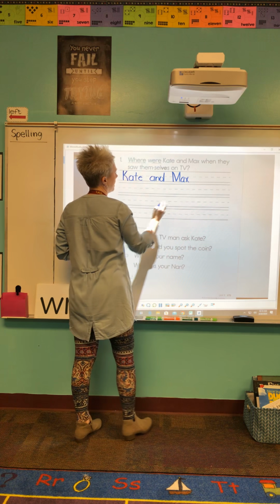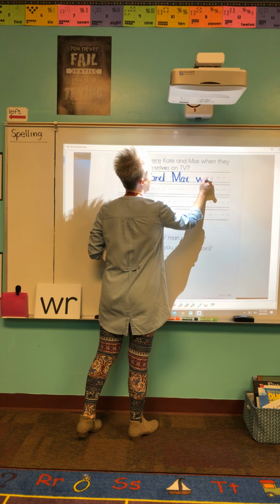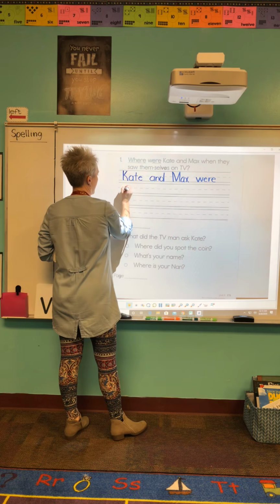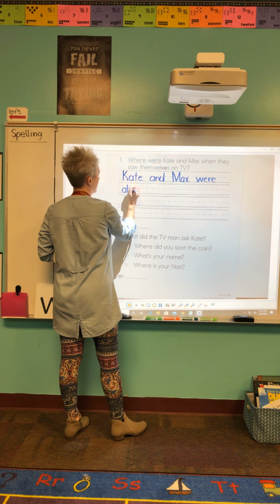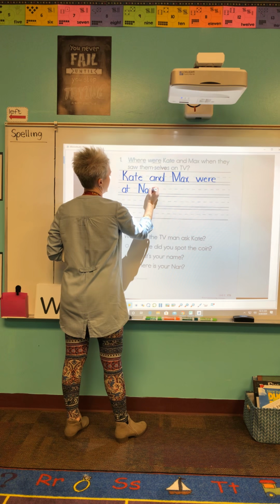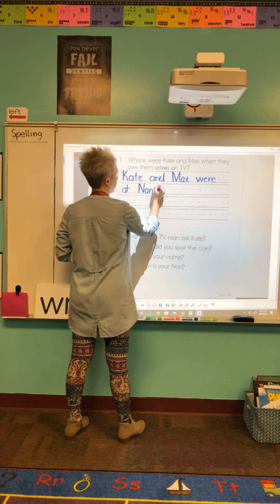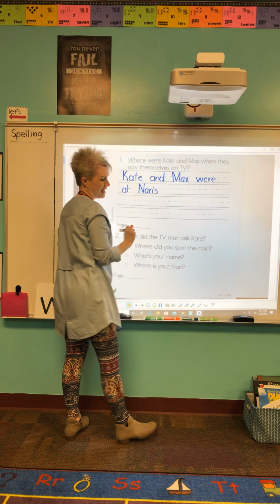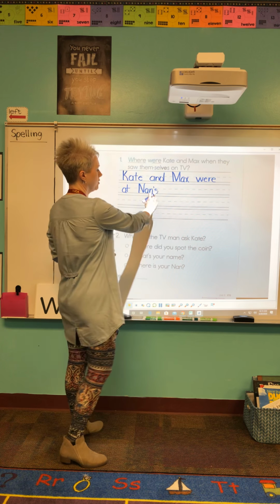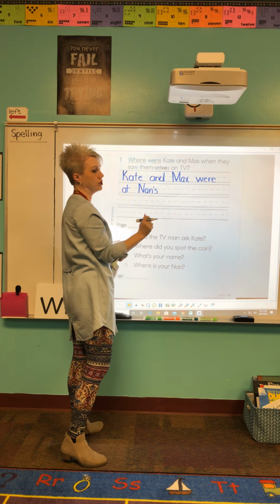Kate and Max were at Nan is what they call her, so that has a capital. Apostrophe S because Nan's cabin, the cabin is Nan's, so the apostrophe in Nan's shows ownership.